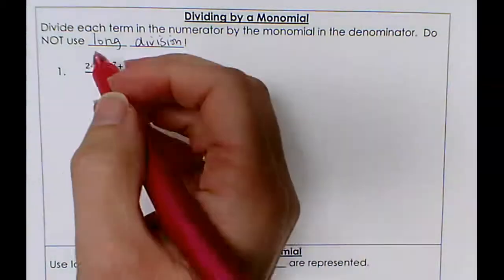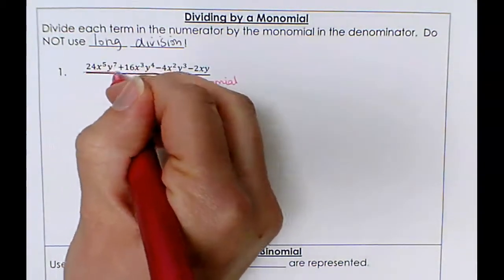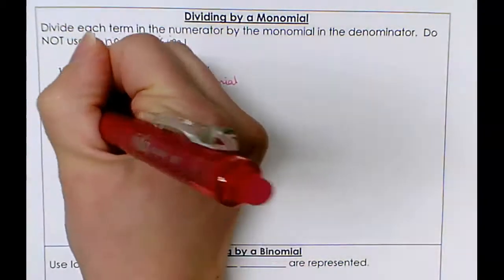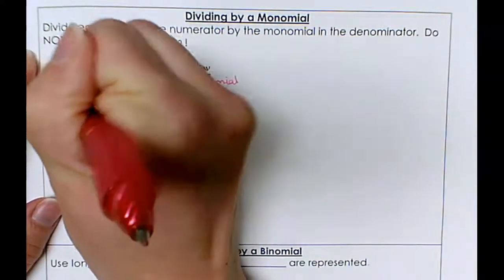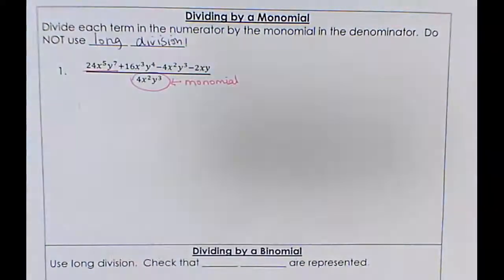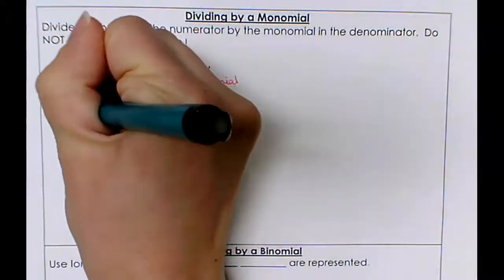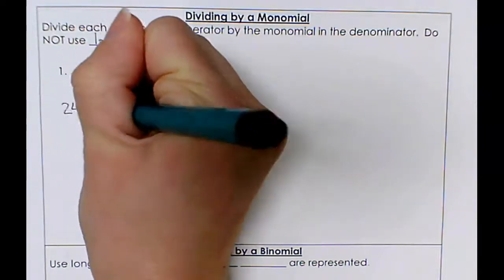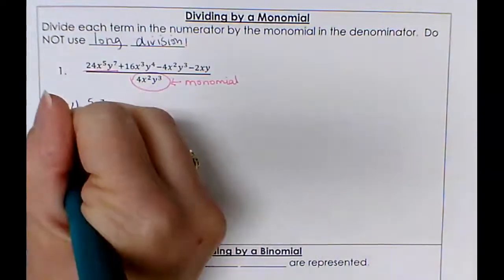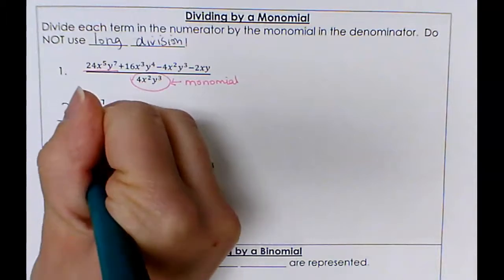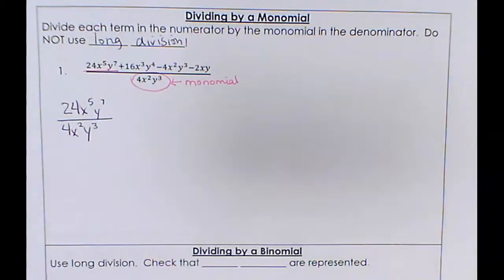and then simplifying as you go. So my first term in the numerator is 24, let's do this in a different color, I'll highlight the stuff in pink. 24 x to the power of 5, y to the power of 7 over my monomial, 4x squared y cubed.